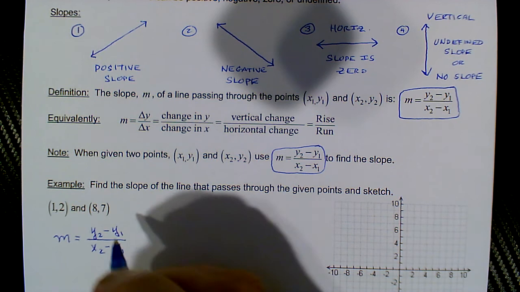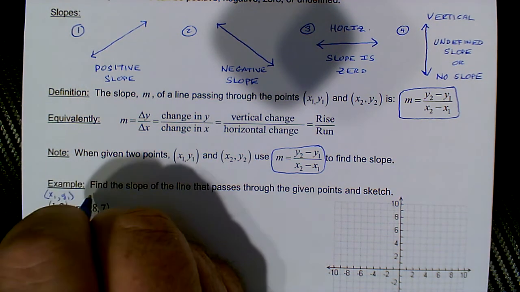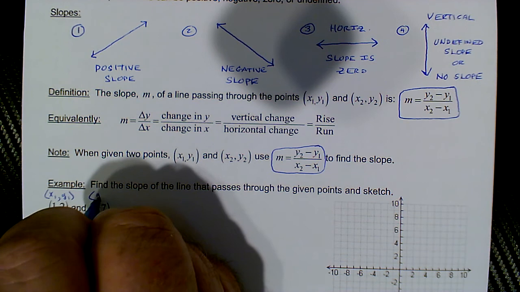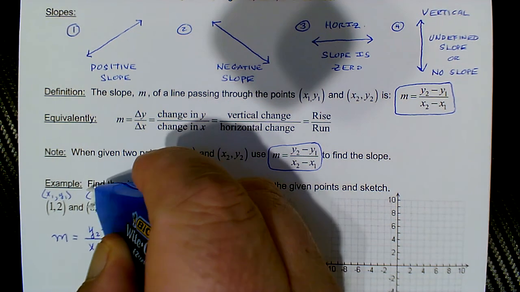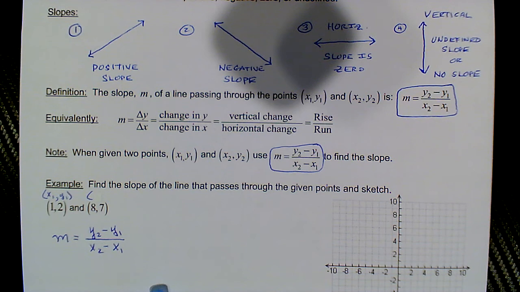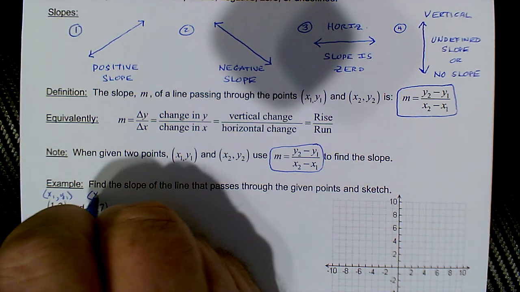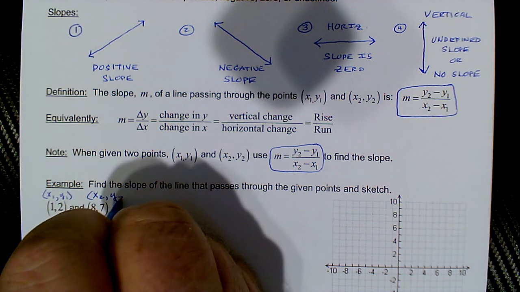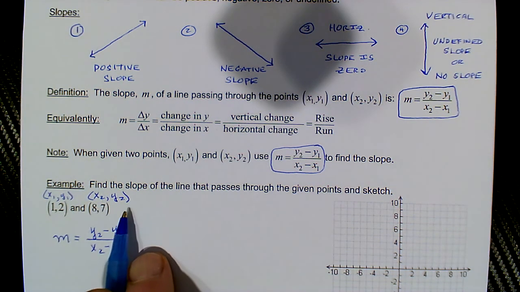I'm labeling the first one x1, y1. A lot of times we won't say sub, we'll just say x1, y1, and x2, y2. But when you write these, make sure you make those small subscripts to the lower right. And you could label the points like I've done as a crutch.